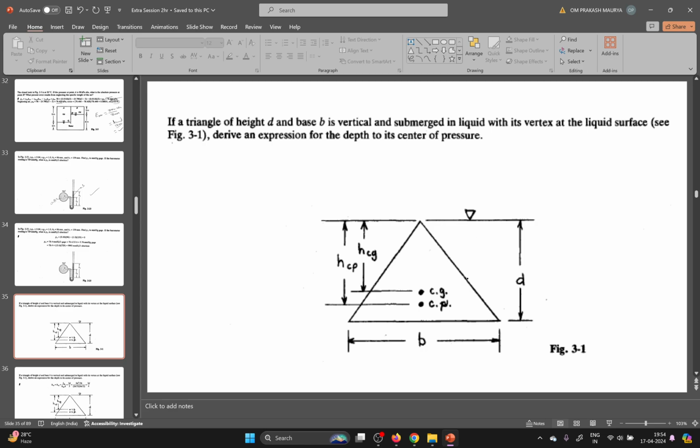This is only a formula thing. How do you find the center of pressure? So your depth to the center of pressure is the depth up to the center of gravity, Cg, plus the moment of inertia with respect to Cg.